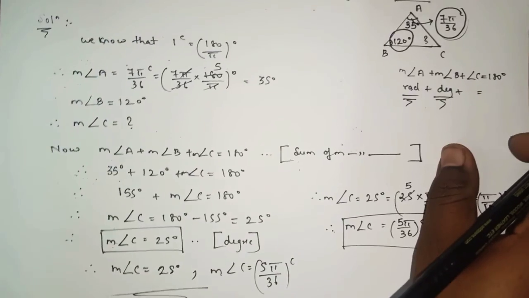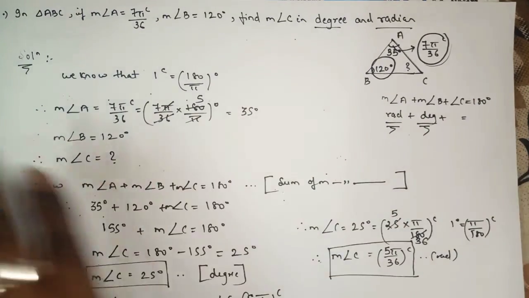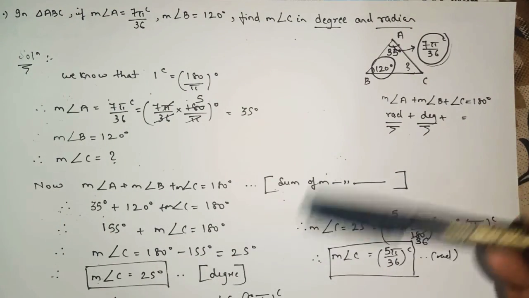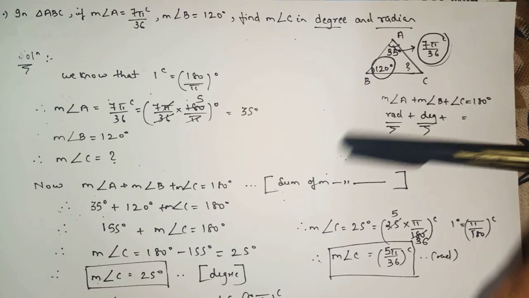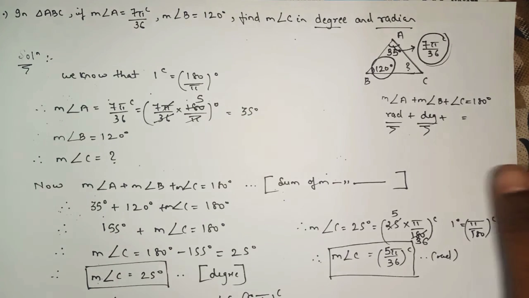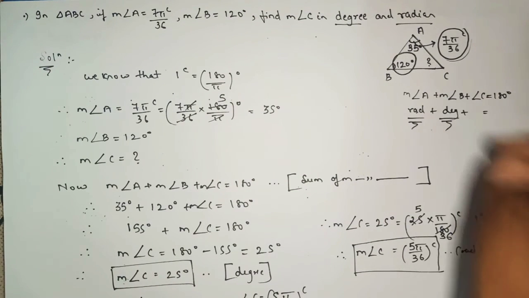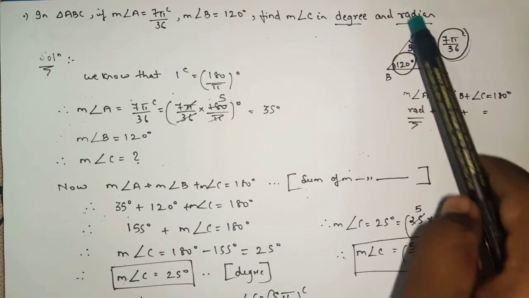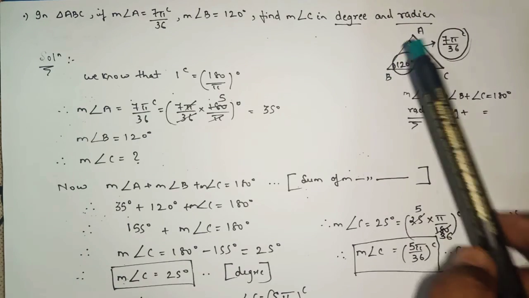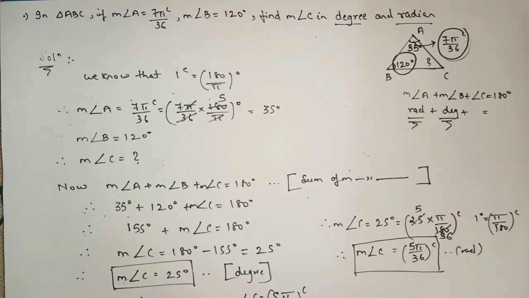I hope you all understood this sum, as you will have one triangle in which you will have some angles and you have to find one angle. As for this sum, out of three angles, two angles are given and you have to find the third one using the property.